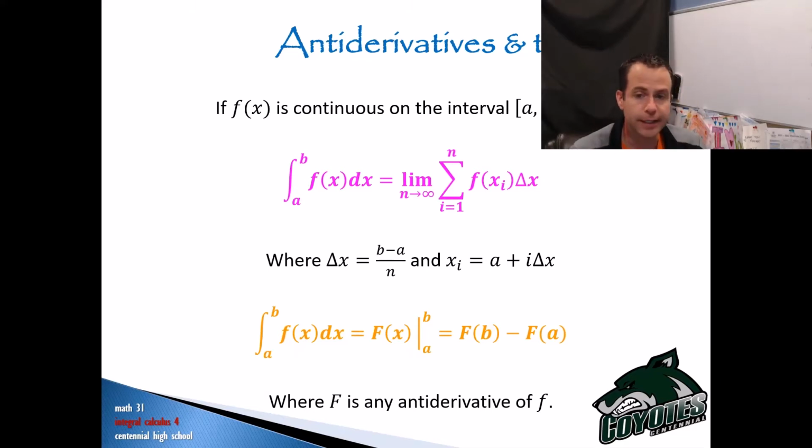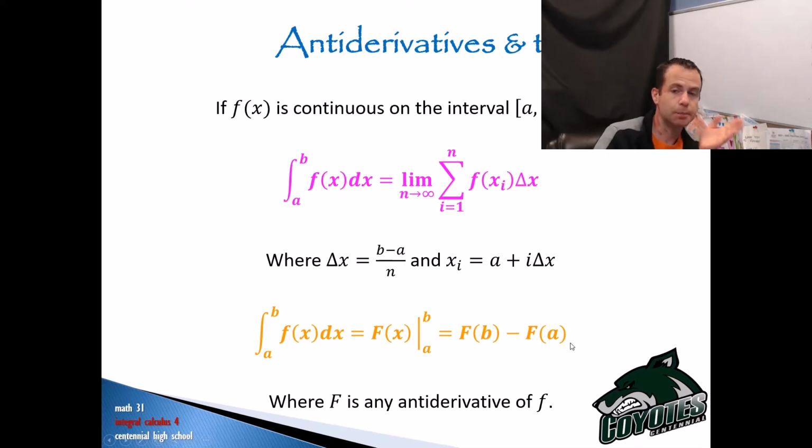Alternatively, now we can look at it as the integral of f of x from a to b being the antiderivative of f of x from a to b, which would be the antiderivative when x is b minus the antiderivative when x is a.